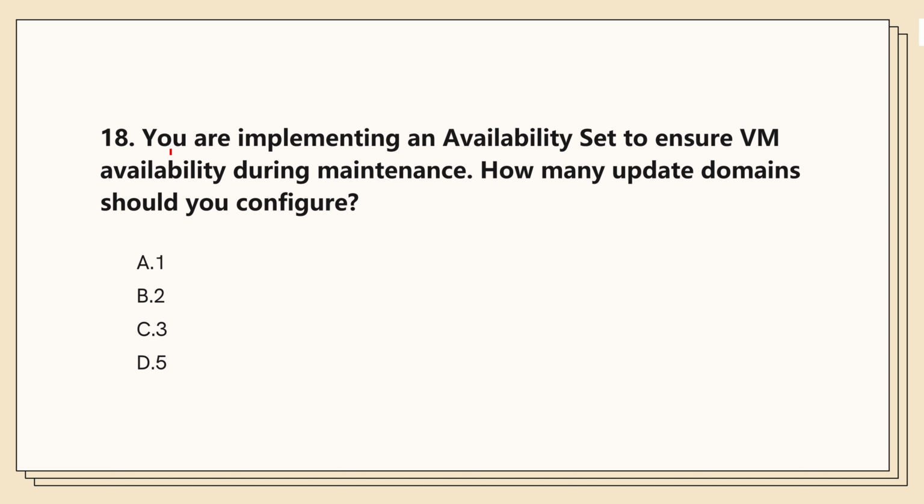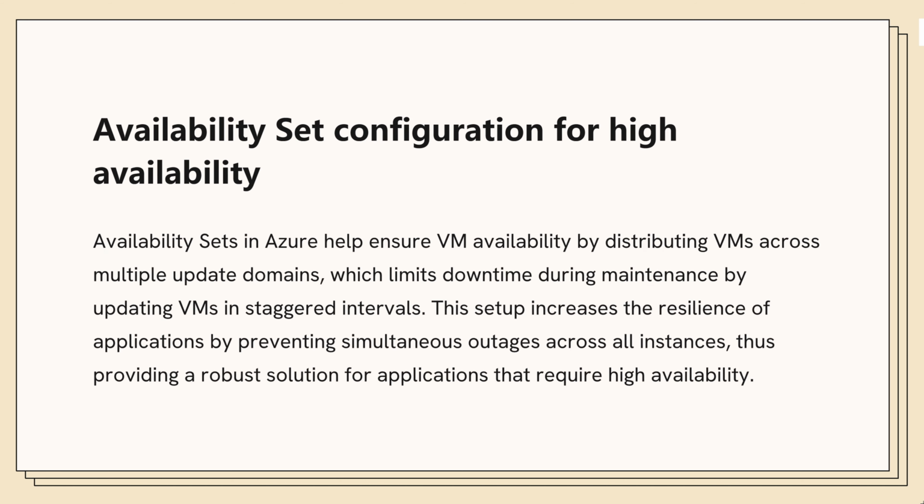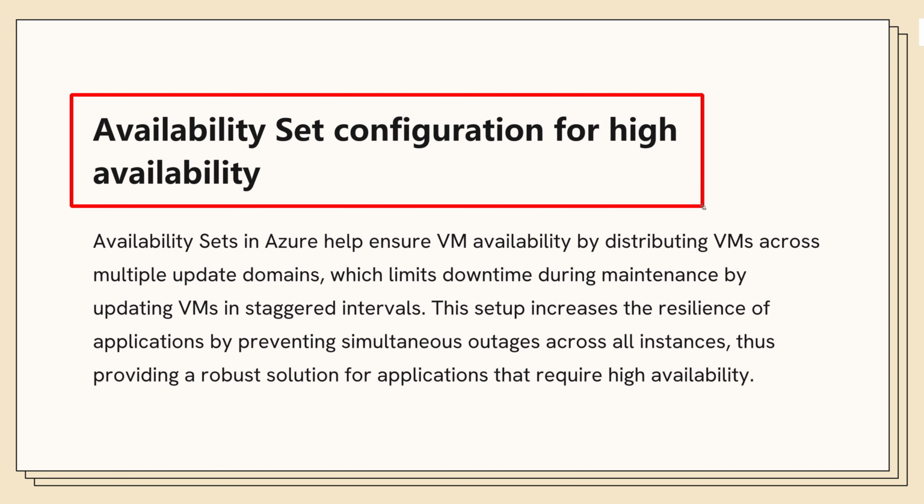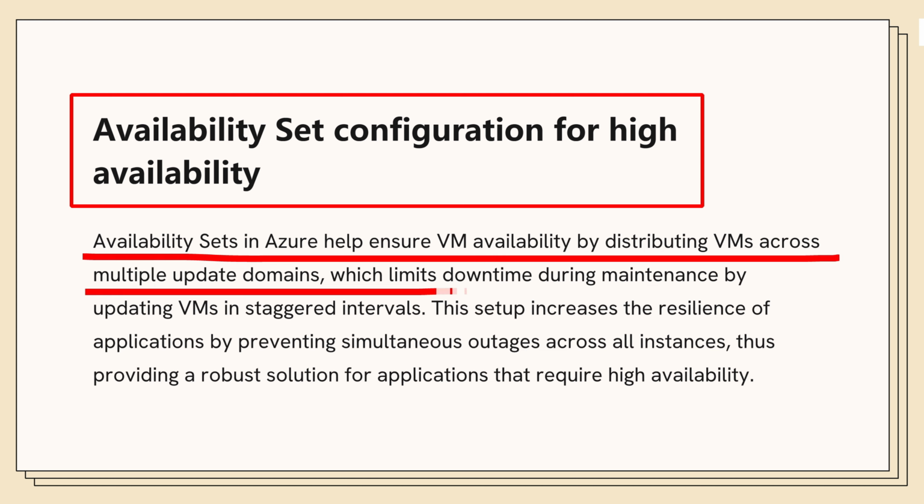Question 18. You are implementing an availability set to ensure VM availability during maintenance. How many update domains should you configure? The knowledge points of this question are: availability set configuration for high availability. Availability sets in Azure ensure VMs remain accessible during maintenance by using multiple update domains.